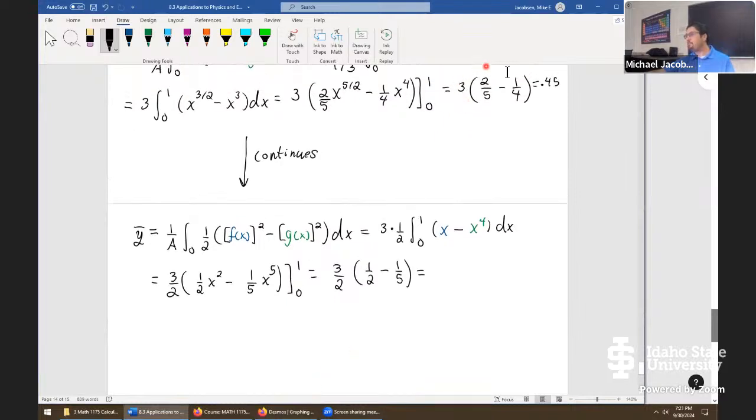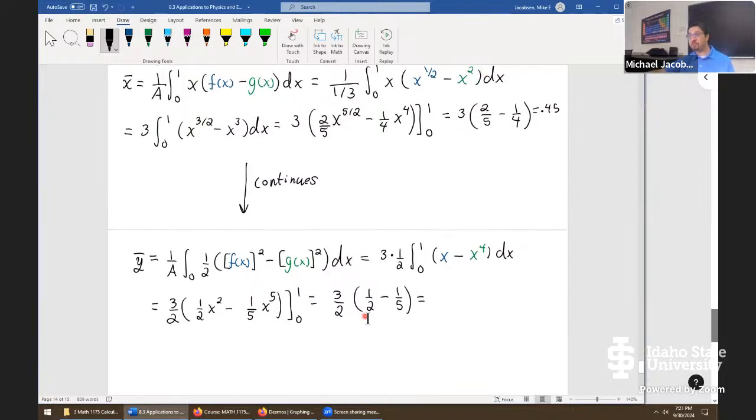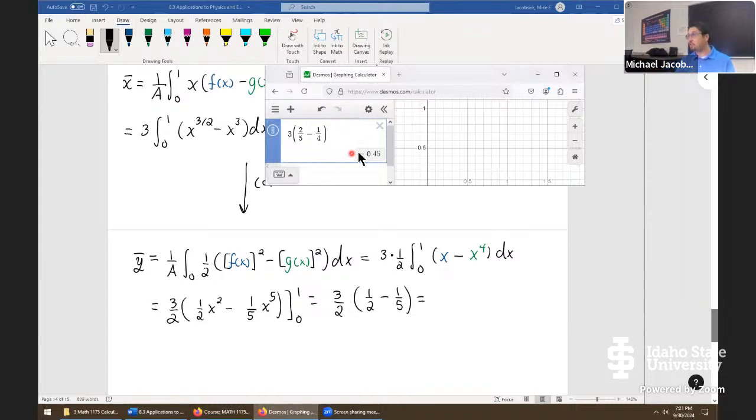Throwing all that in the calculator, and also looking at what we got before. Notice it's not exactly the same, but if this works out algebraically, working out the fractions, then our prediction is correct. So 3/2, 1/2 minus 1/5. Somehow, some way, if you do the fraction arithmetic really carefully, this really comes out as 0.45.